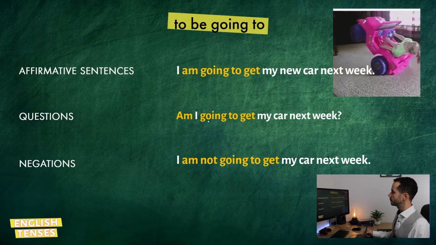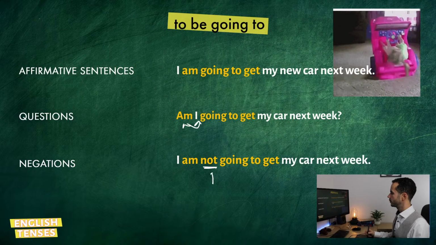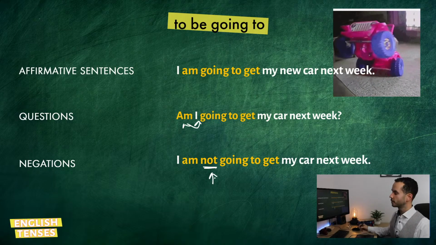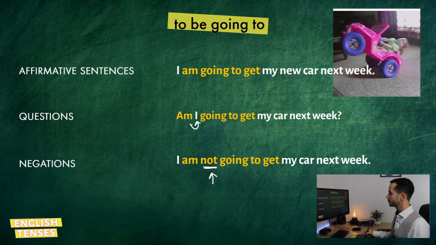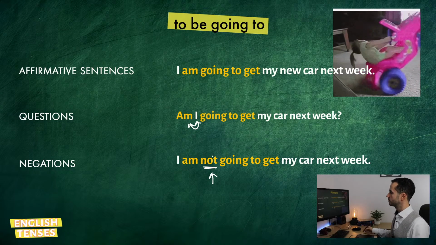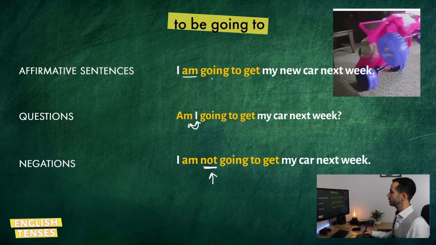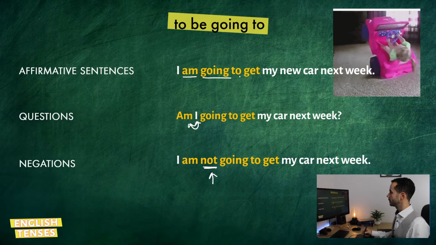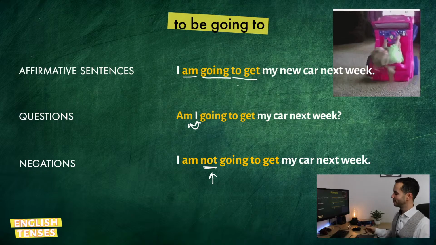And you can see the inversion with the question. And you can see the not for the negation. And you can see all the elements: to be plus going to plus infinitive.